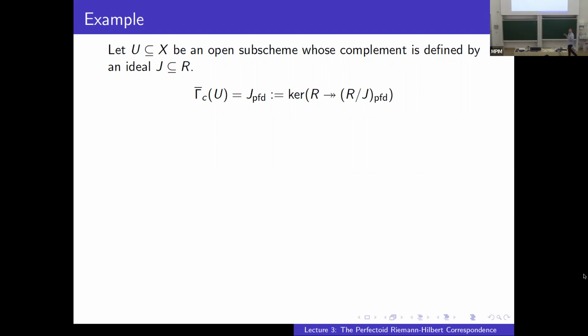It's the perfectoidization of the ideal J. It's an ideal that you get by taking J and enlarging it as much as you need to guarantee that the quotient ring is a perfectoid ring again.